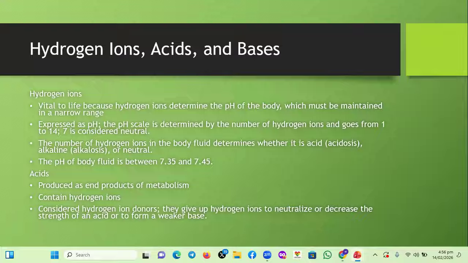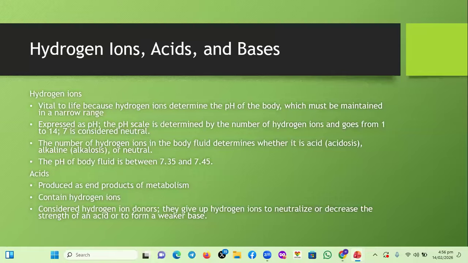Whether it is urine or blood you are testing, regardless of the type of body fluid, whether it is blood, vaginal fluid, urine, or whatever, the pH has to be between 7.35 to 7.45. That is the normal range for body fluid pH.